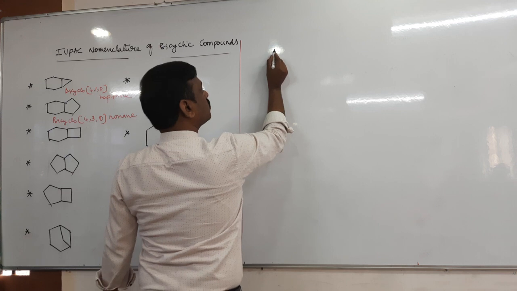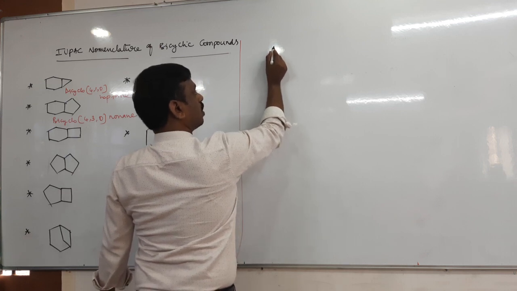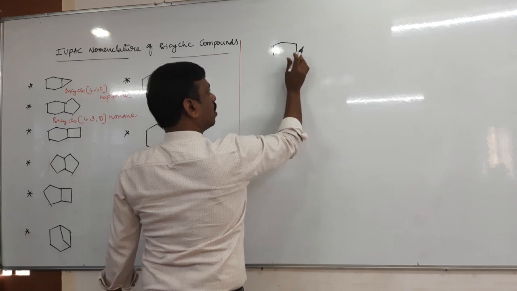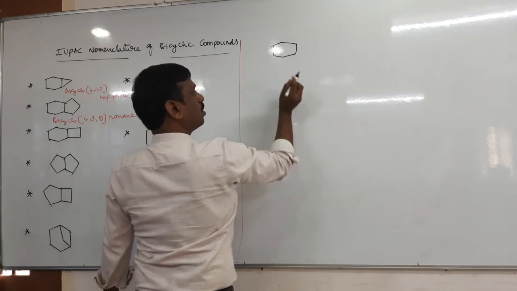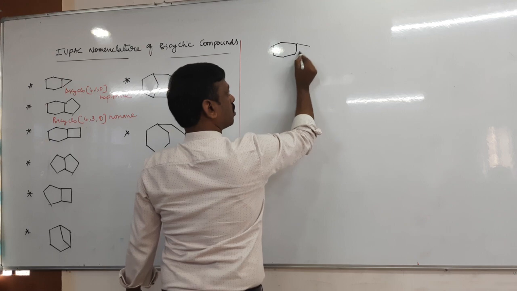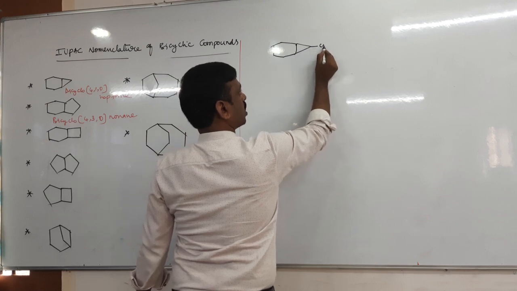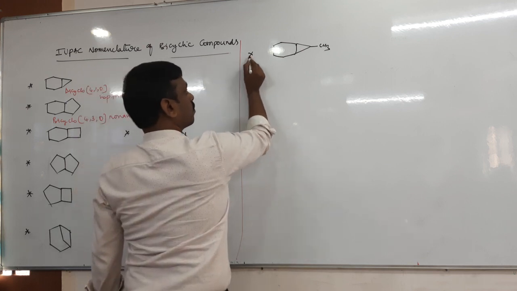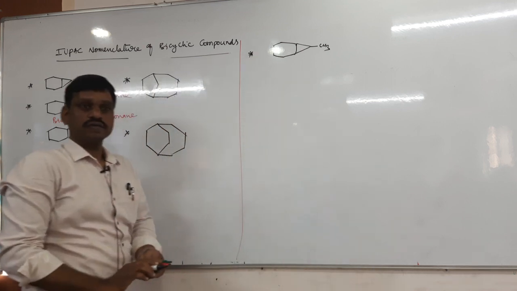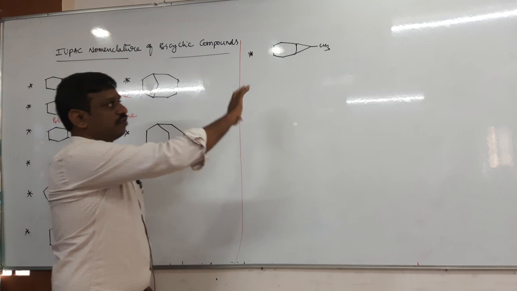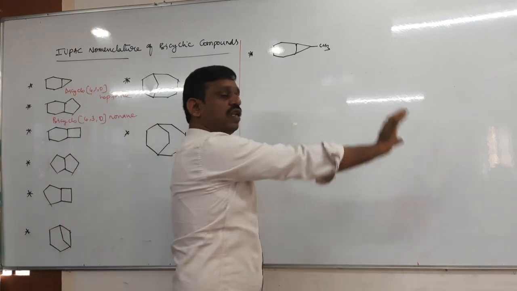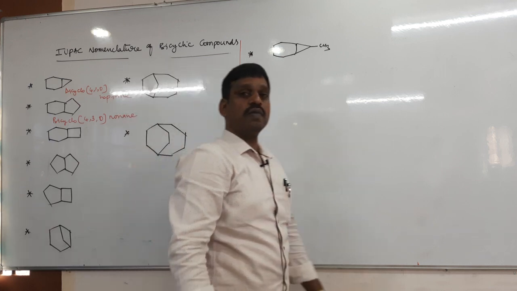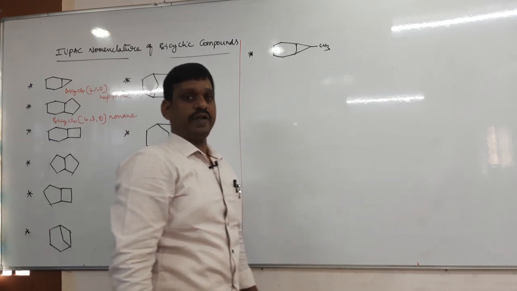Let us take a 6-membered ring having a methyl group here. Then what is the numbering? If there is no methyl, what is the IUPAC name? Bicyclo 4,1,0 heptane.